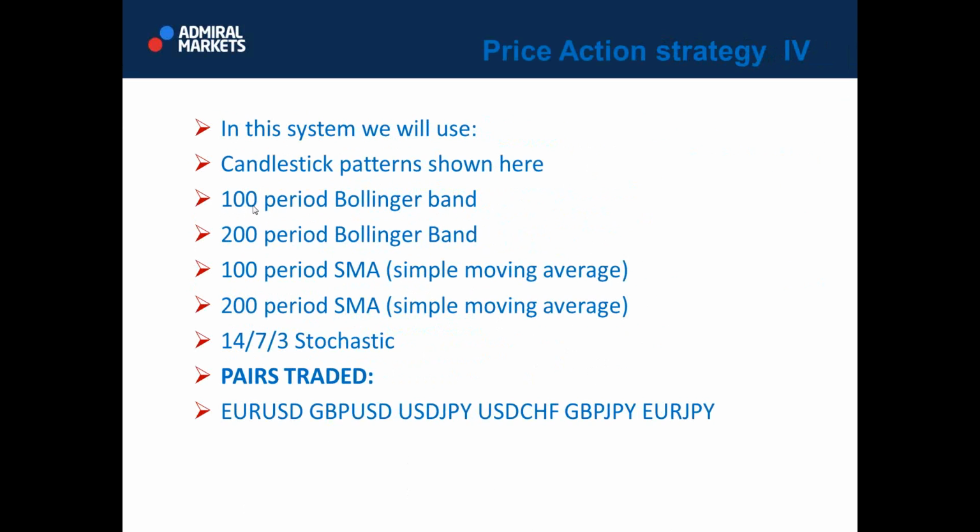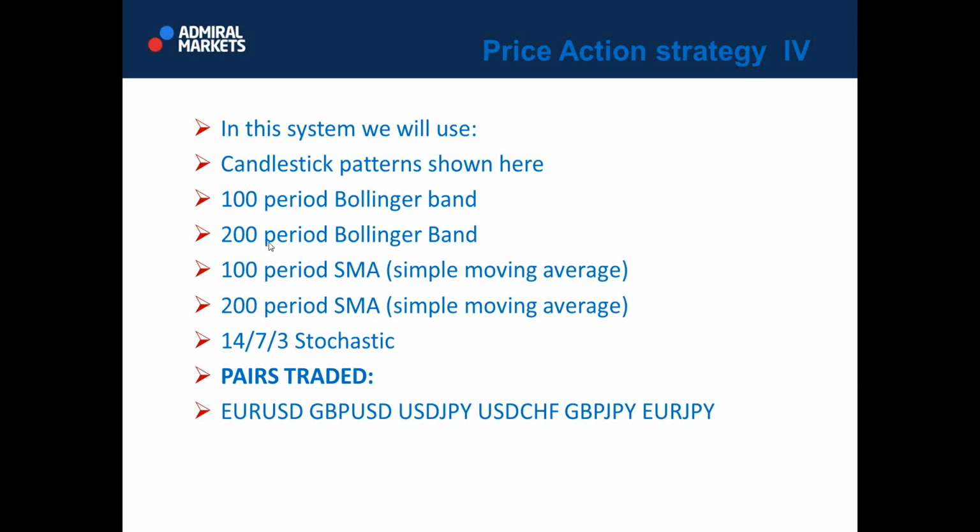Then you need to set a 100 period Bollinger Band, and try to remove the middle line from it. In that order you need an indicator called Bands. So search for the Bands indicator for MT4, and you need to remove the middle line of the Bollinger Band.